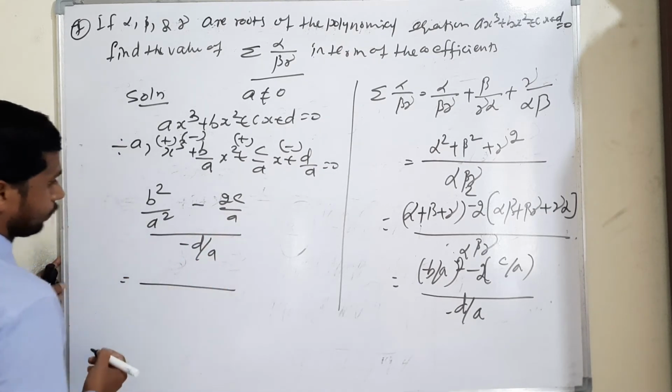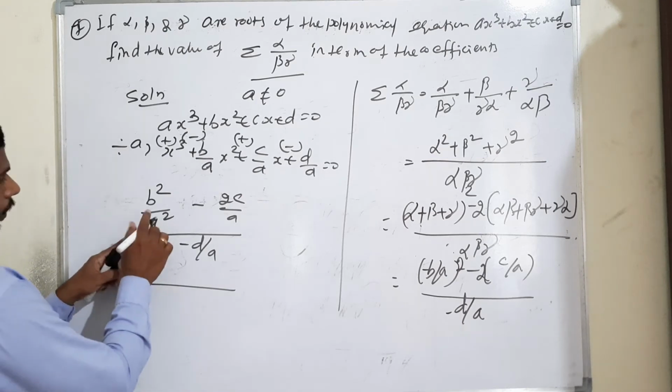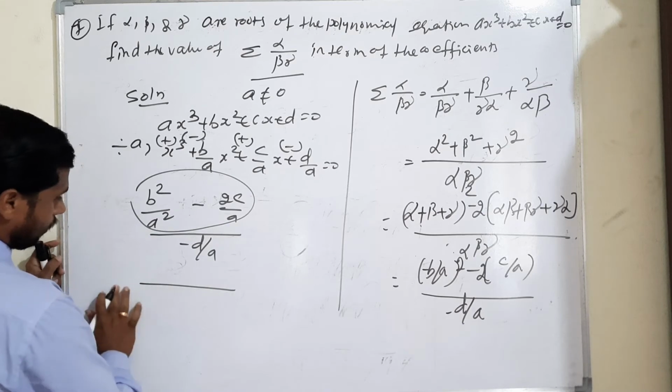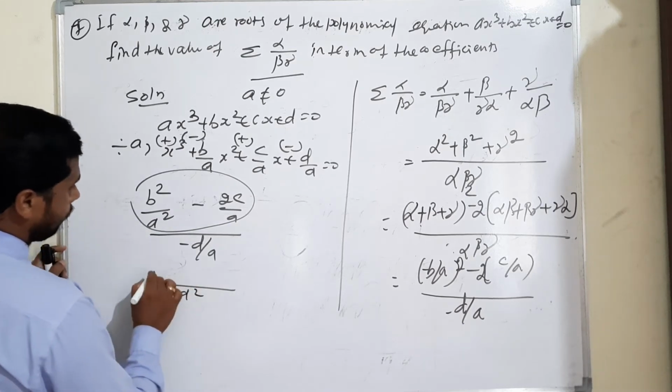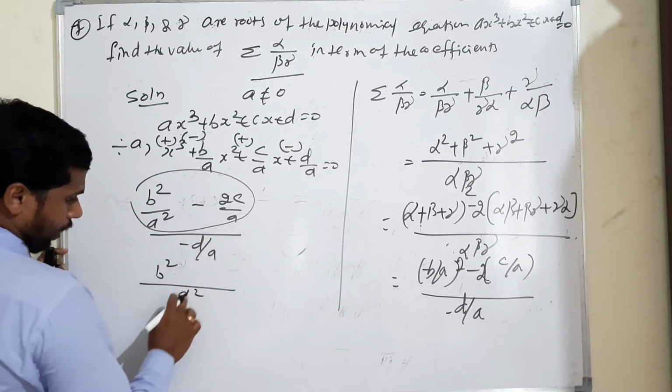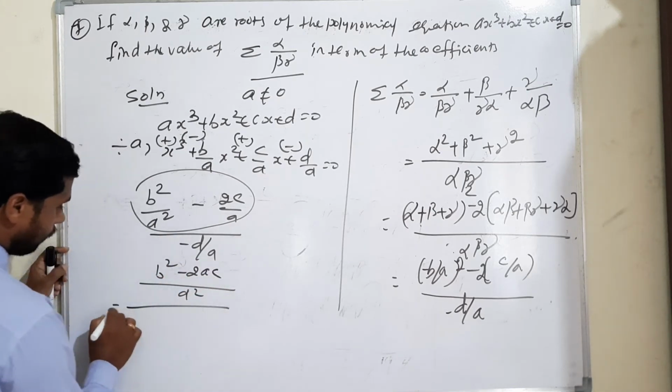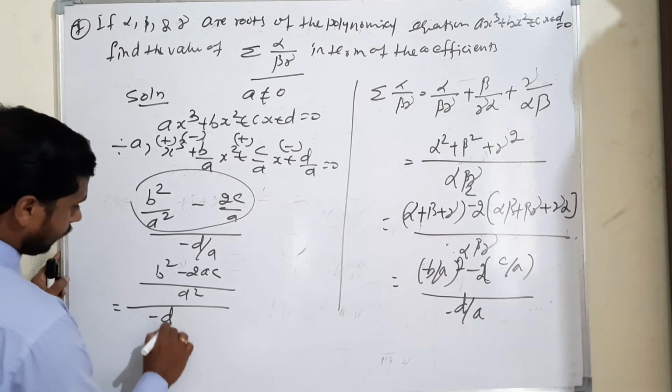Again, in the first part of numerator, common denominator a square means b square by a square, only a is there, minus 2ac, the whole term equal to minus d by a.